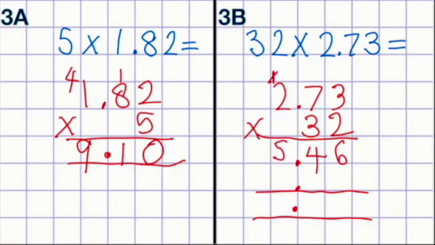I'm now going to cross that out and I'm going to cross out the 2 because I've finished with it. And I'm going to put 0 because I'm multiplying by 30. So 3 times 3 is 9. 3 times 7 is 21. So the 1 goes here and the 2 goes there. 3 times 2 is 6 plus 2 is 8.